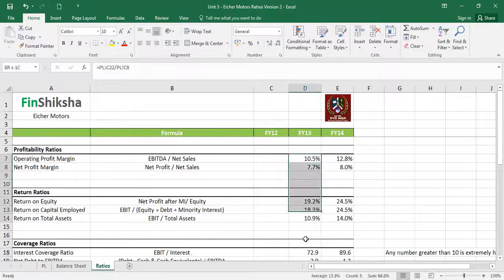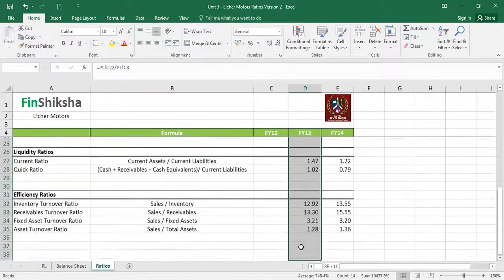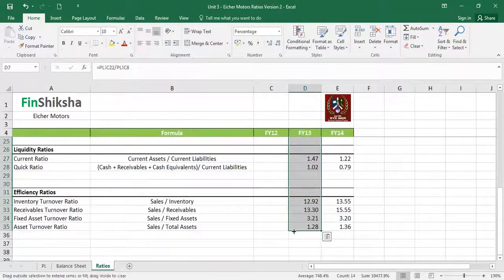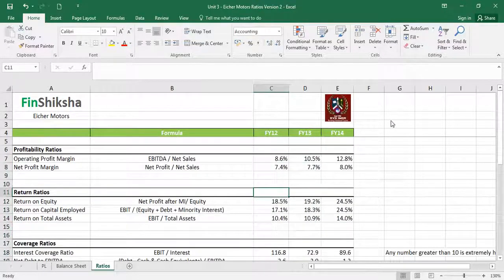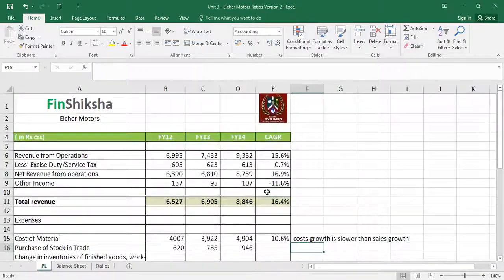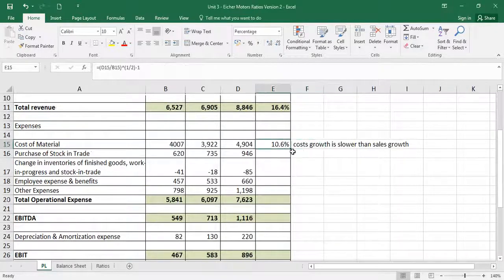So what we'll also do is we'll select this entire set of ratios and just drag it on the left side. So we copy it and calculate it for the previous year as well. Now we are seeing that operating profit margin has gone up from 8.6% to 12.8%. That would mean that essentially sales have grown at a faster rate than costs. That is what we are seeing here, right?